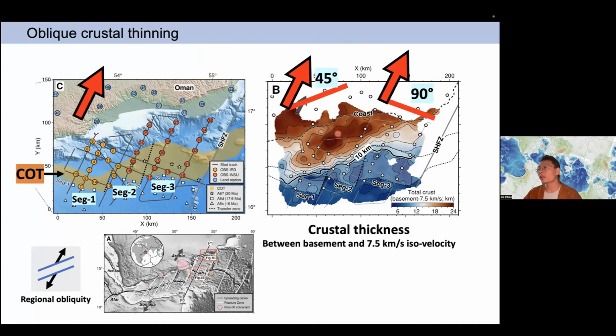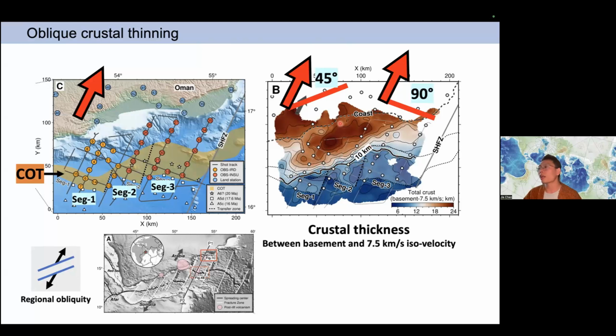Red means thicker crust, blue means thinner crust, and this one is the coastline. This is Oman, and we can see from the continent to the ocean the crust gets thinner. We can see the contours of the crustal thickness here.